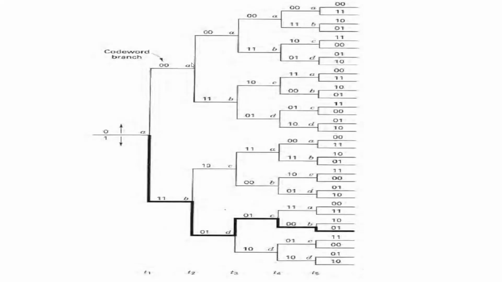So at every branch, when the input bit 0 comes, you go upwards. When the input bit 1 comes, you go downwards. Movement of the tree going above tells me the input bit is 0. There is no need to mention the input bit every time. If I am going above, the input bit is 0.